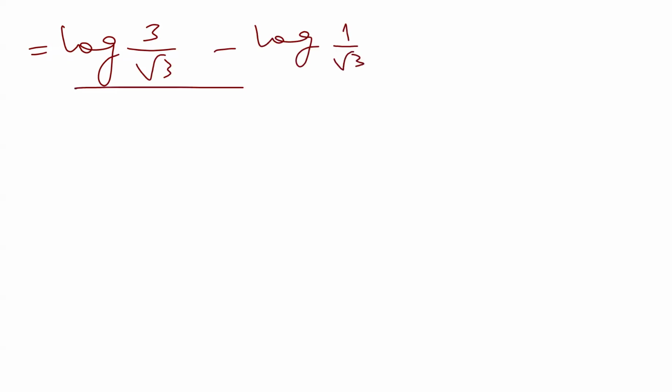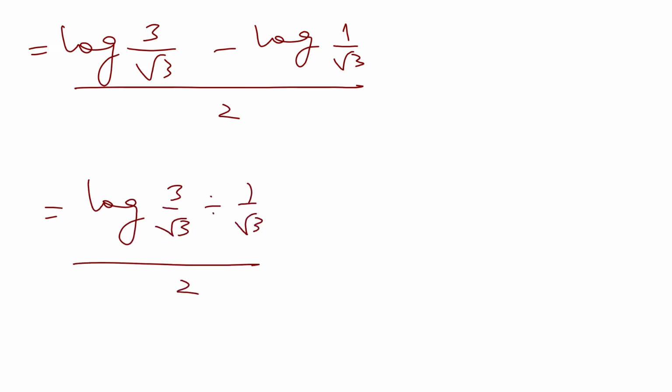So log 3 by root 3 minus log 1 by root 3 upon 2. Log a minus log b is log a divided by b. I hope everybody knows this.